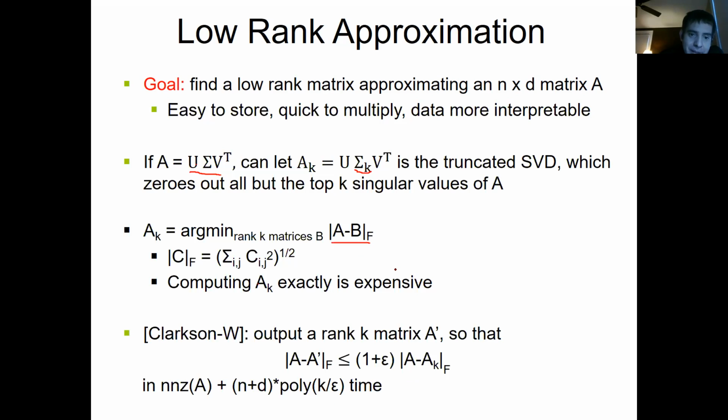Instead of spending n d squared time to compute an SVD, you can use sketching to get a 1 plus epsilon approximation in nnz of A, the number of non-zero entries of A, plus n plus d times a polynomial in the rank k that you care about and 1 over epsilon. So nnz of A could even be close to n plus d, as opposed to n d squared time.